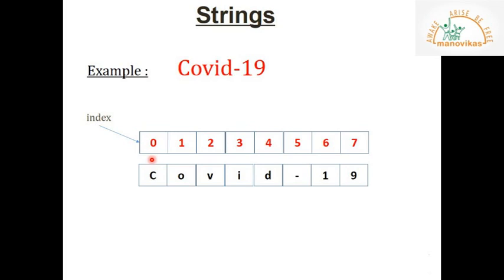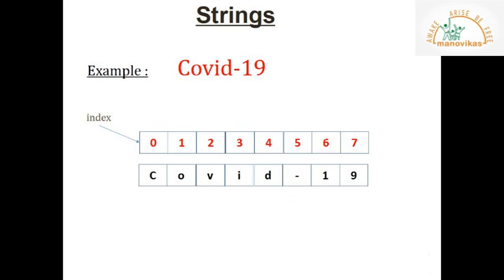The second character has the index 1, and it continues like this, because the arrangement is a sequence of characters, so the index also continues in a sequence. The last character in the string has an index which is the total number of characters minus 1. There are 8 characters in this example, so the last index of the string will be 7, that is 8 minus 1.